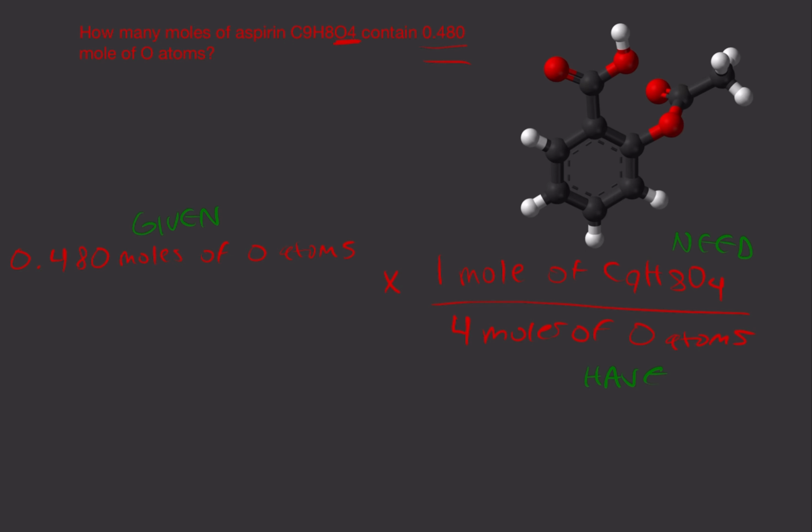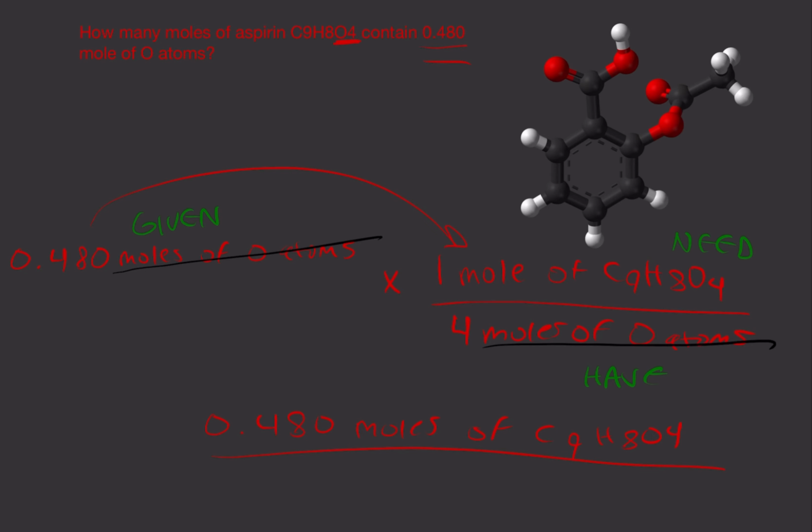And so now again, what would we do here? We're going to pull out our cancel pen, cancel these out, and now what we have is, if we multiply it across, 0.480 times 1 mole, we'd have 0.480 moles of C9H8O4.